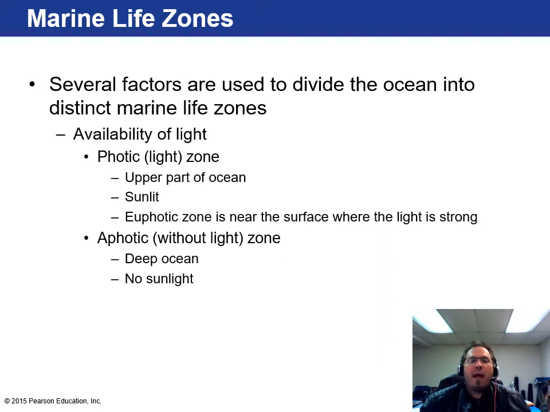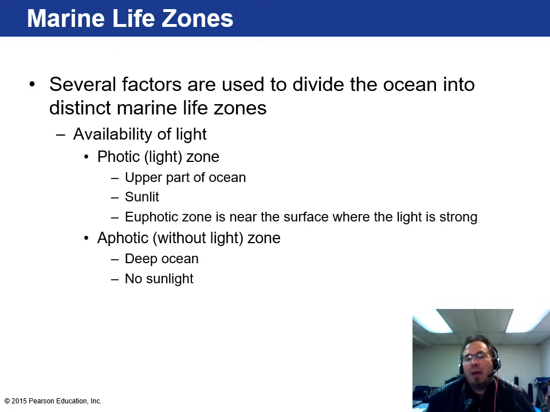Now, there are several factors that are used to divide the ocean into marine zones. Just like the ocean has the upper mixed surface area and the deep area, the same thing applies to where most of the life is found, and it's mostly based upon the availability of light, the photic and the aphotic regions, because a lot of ocean life requires sunlight.